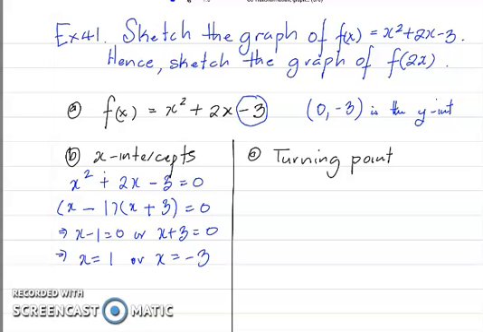Next, I need to determine the turning points. To determine the turning points, I need to get the function f of x in this format, a(x plus h) squared plus k. And once it is in this format, minus h, k would be the turning point.